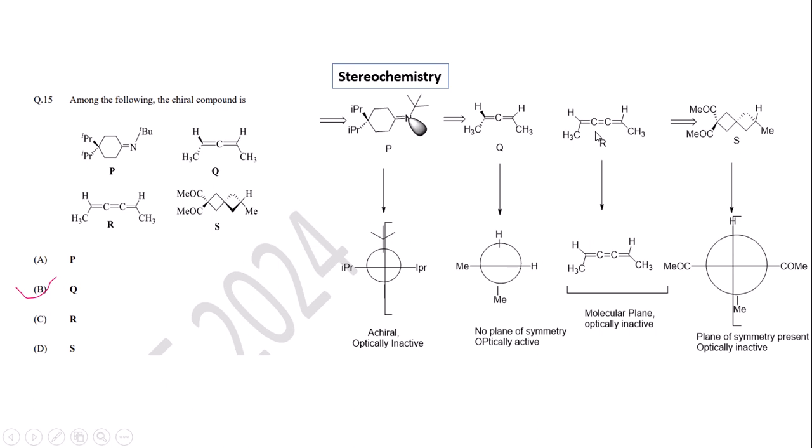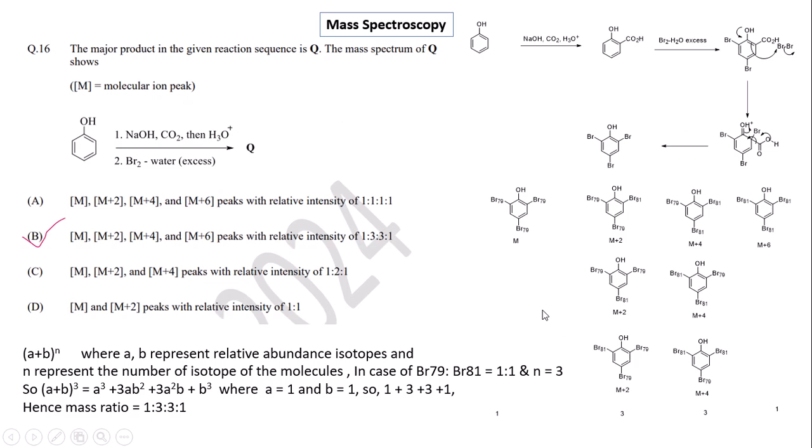We know that the cumulative triene system is just like the alkene system, so the whole molecule is planar and contains a molecular plane of symmetry, so it is an optically inactive compound. And if we consider the spiro compound, after conversion to the Newman projection, it produces a plane of symmetry and it is also optically inactive. So option Q is the correct one, that is the optically active molecule.